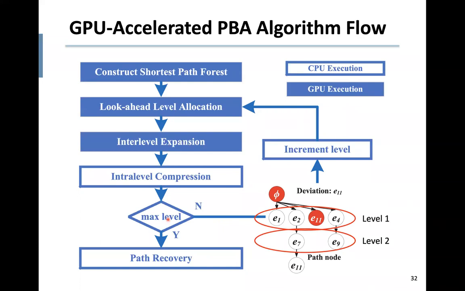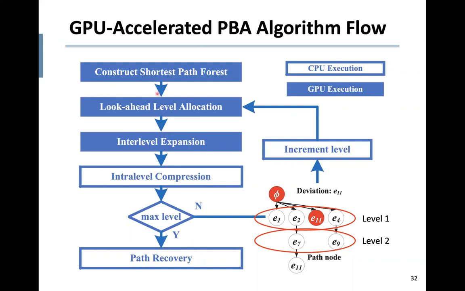So this slide shows our GPU-accelerated algorithm for generating the top K critical paths. The text boxes filled with blue represent the GPU execution, and the others represent the CPU execution. You know, for many of the EDA workloads, it's not like you can just offload everything to GPU. You need to have a very good strategy to decompose tasks into CPU and GPU and make them collaborate with each other.